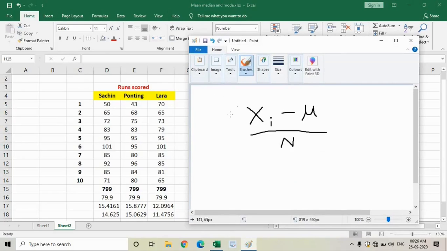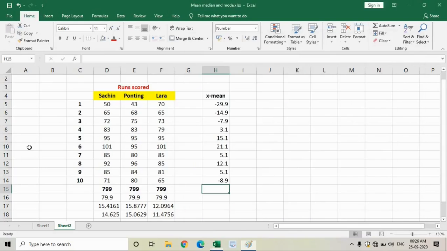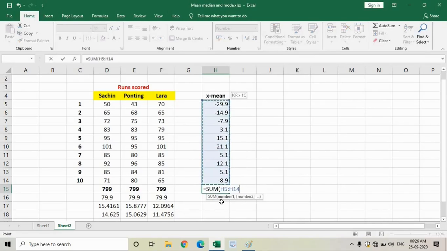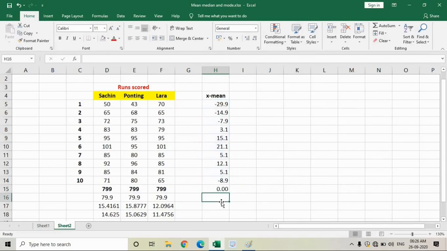For that, sigma xi minus mu by n. Now let's formulate that. Sum. You can see that the value is 0, so xi minus mean will always sum to 0.